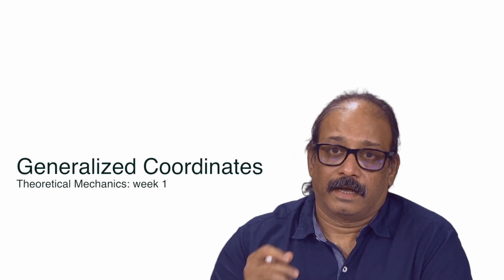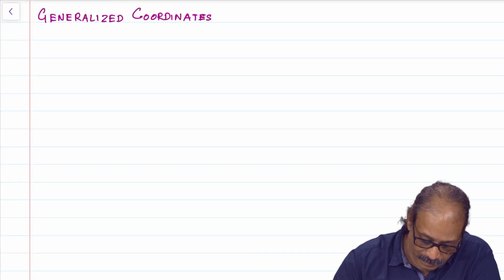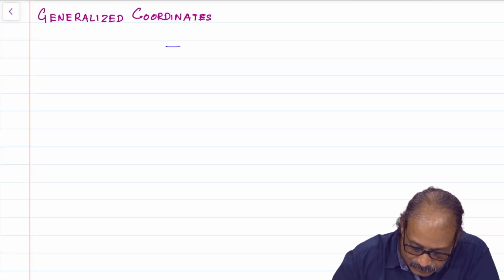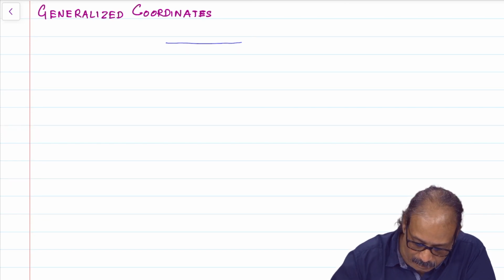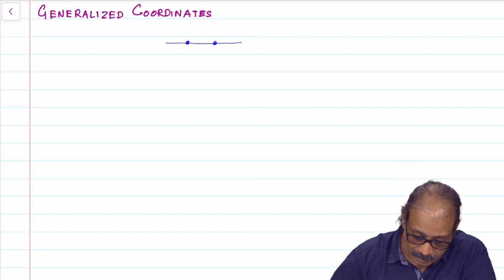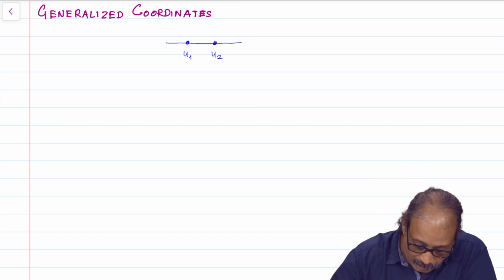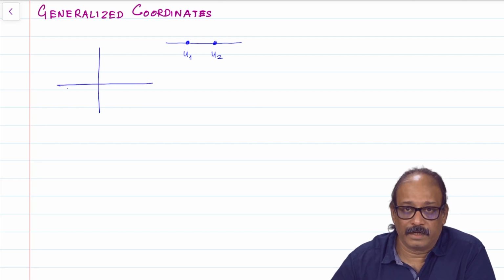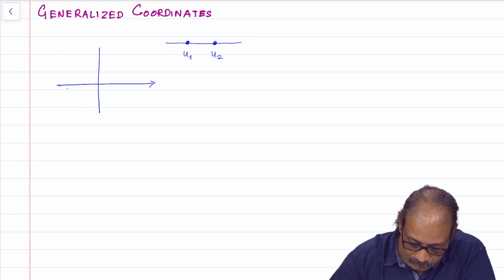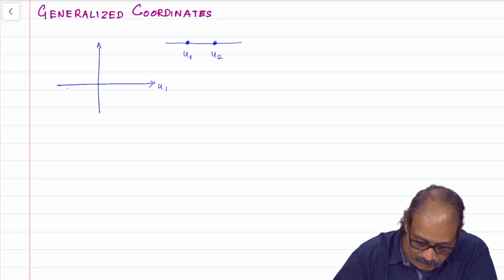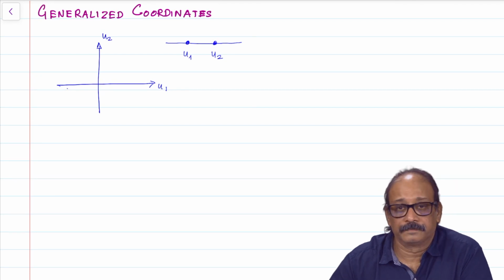Now, in the previous example, where we had two particles moving along a straight line, the coordinate of one particle was called u1 and the coordinate of the other particle was called u2. Then you have a configuration space which is 2 dimensional, with one coordinate u1 and the other coordinate u2.